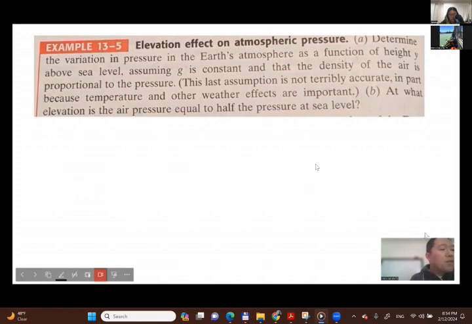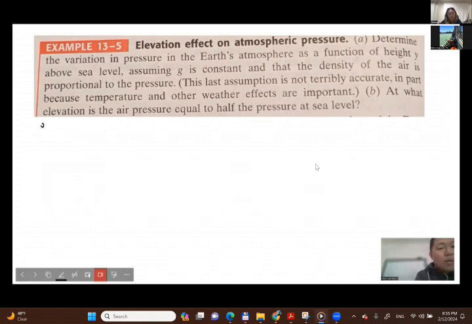So we have to find the relationship between the pressure and density first. Usually the density is proportional to the pressure. The ratio between the density at different altitudes, different heights above sea level, is also proportional to the ratio between the pressures at those two different heights.